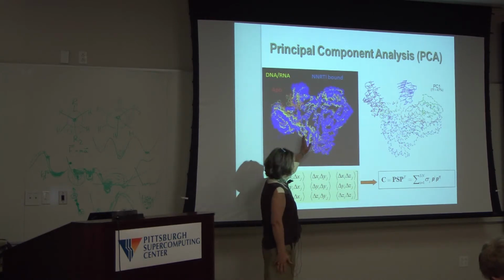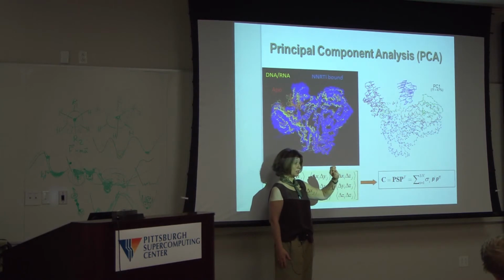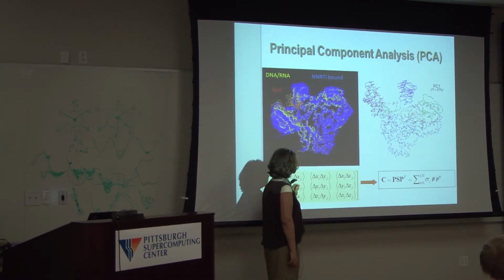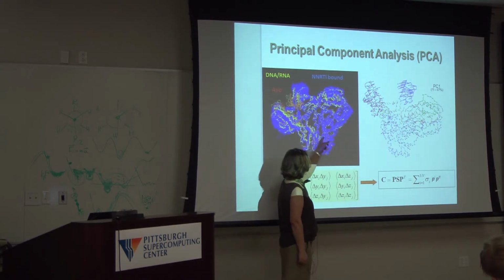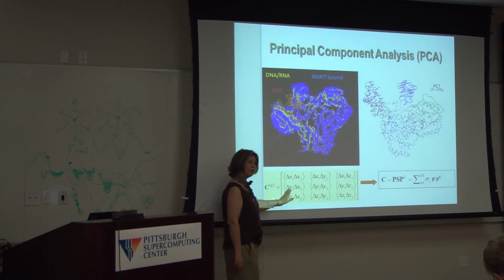Now from this ensemble of structures, for every single residue, I know what its mean position is, and I know how it deviates from this mean position. And I know how its deviation correlates with the deviation of another residue. So I can construct from this ensemble the covariance matrix. Are you with me?